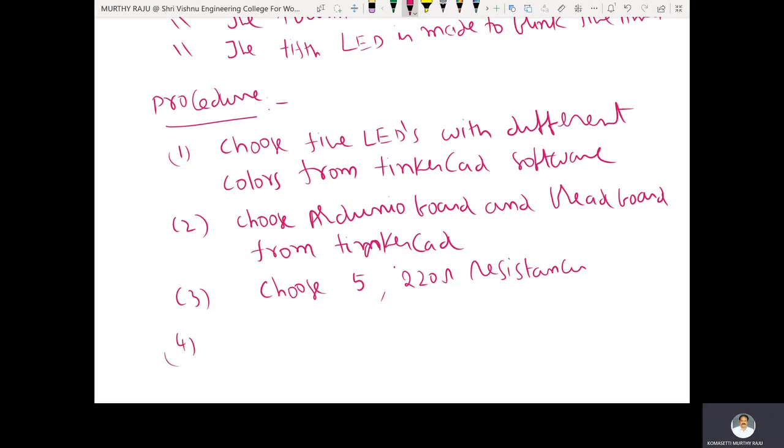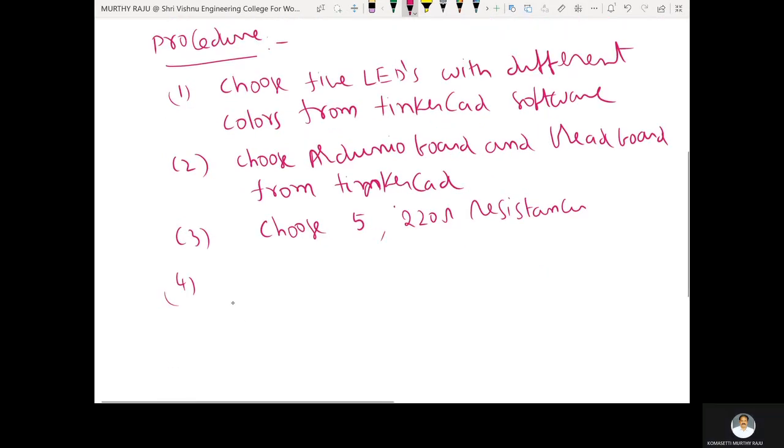Fourth one is all 5 LEDs' cathode legs are connected to ground.